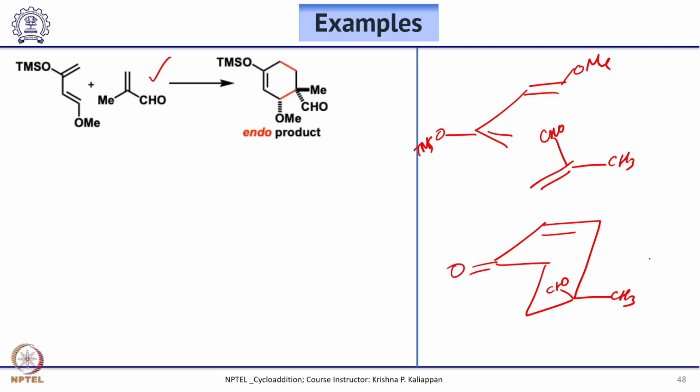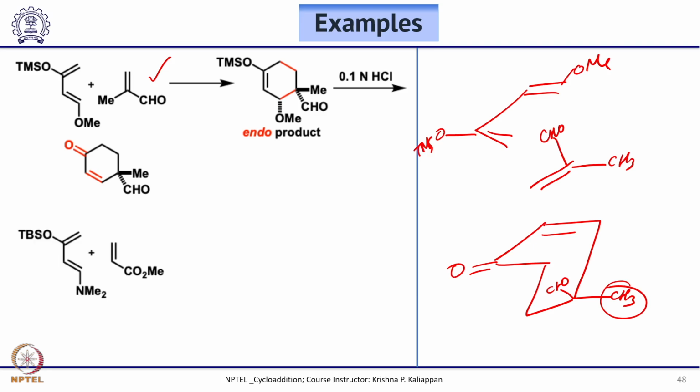Okay, that is nothing but your cyclohexenone, and you can see the methyl group beta and aldehyde alpha. So it is very easy to prepare a 4 substituted cyclohexenone having the electron withdrawing group at carbon number 4. So that's the beauty of this Danishefsky diene as well as Rawal's diene.